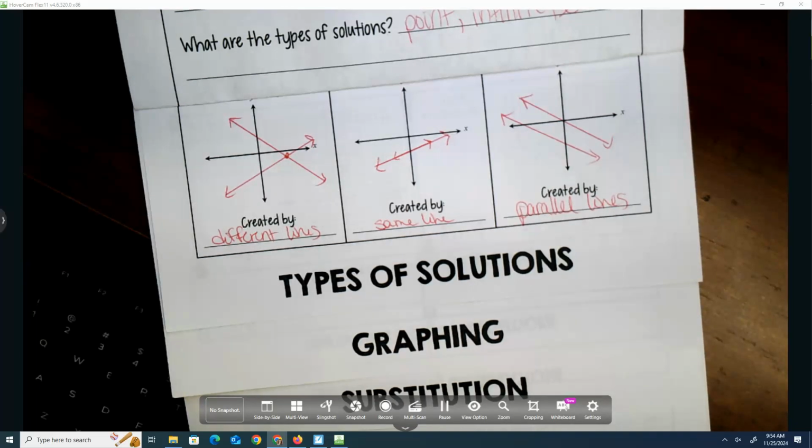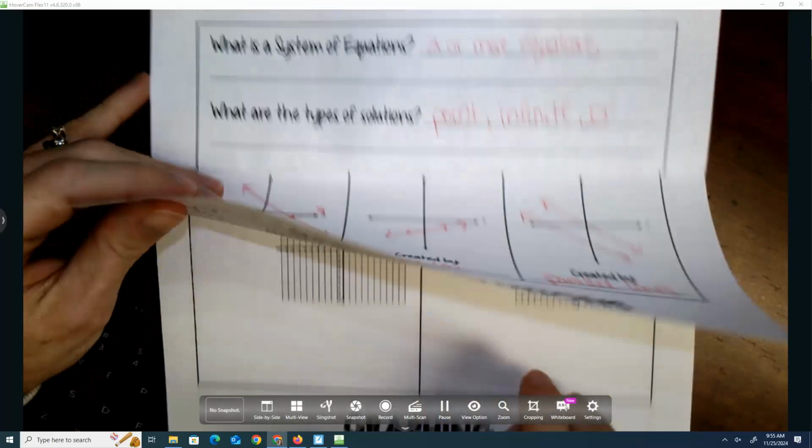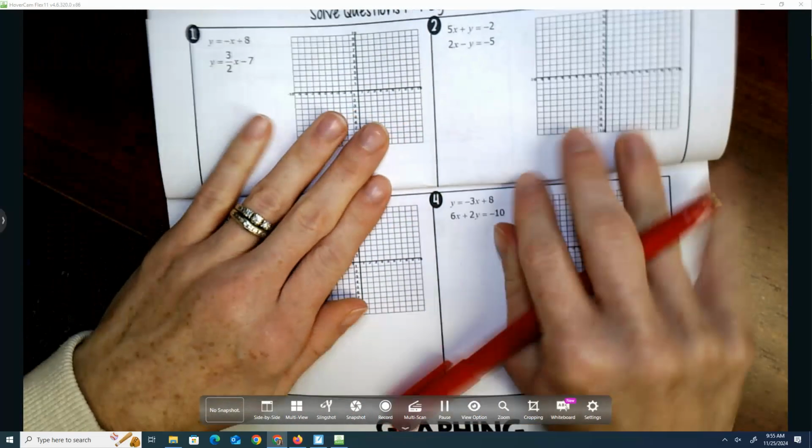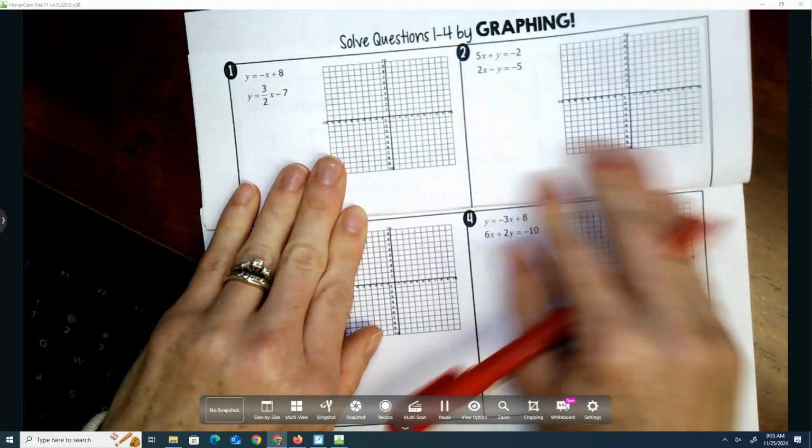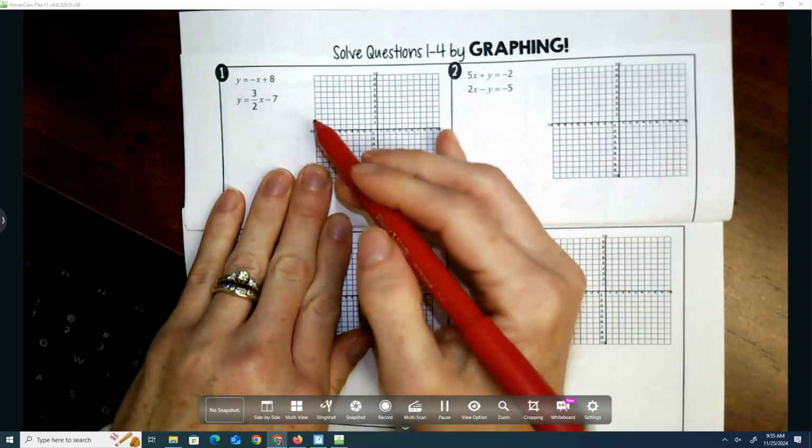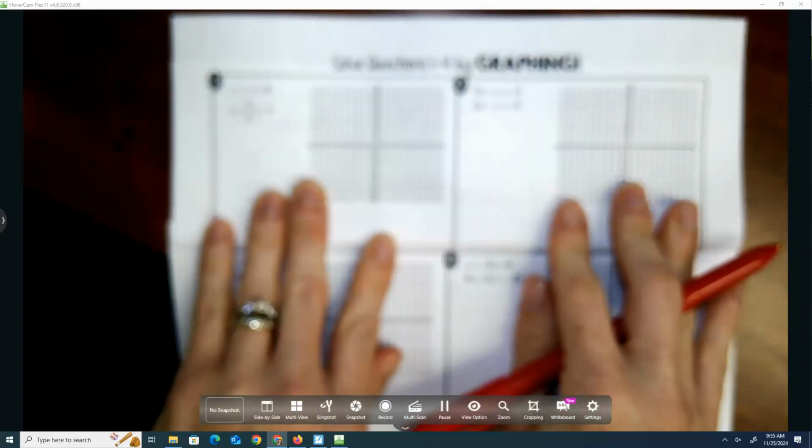All right, so we started out solving these by graphing. In order to graph, it has to be written in y equals mx plus b form. So if I'm looking at these, the first one is, so that's easy for me to graph. When we're graphing a line, where do we start?